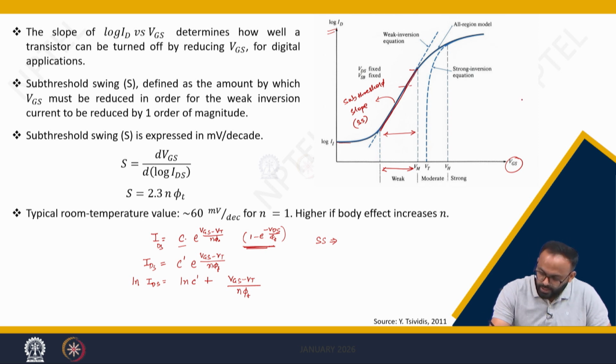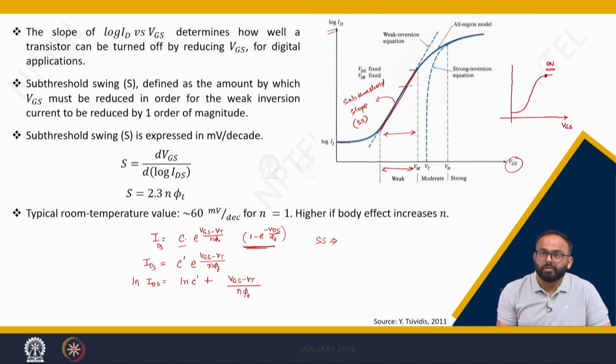Let me explain it like this. Suppose you are increasing the gate voltage and your current increases like this, and this point you mark as the on condition. Now this point is marked as the off condition.